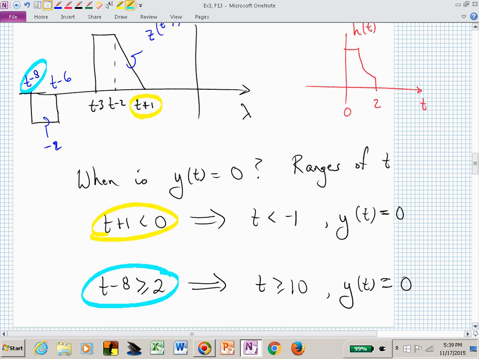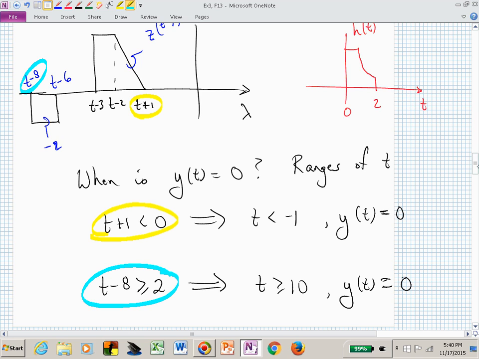So now I have t less than minus 1. As I slide up, I would now say, when t plus 1 is greater than or equal to 0, then I start having some overlap. It really doesn't matter, but for notational reasons or for consistency, I usually stick with one of the sides being a closed expression for t and the other one open. It's not that critical.